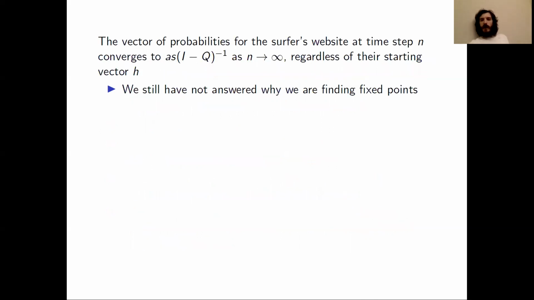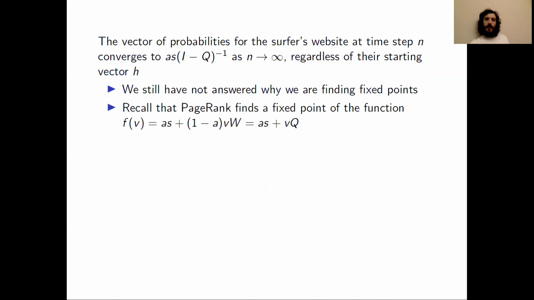So we still haven't answered the main question, which is why we were looking for fixed points in PageRank. Well, let's quickly look at the function that we're finding fixed points of.